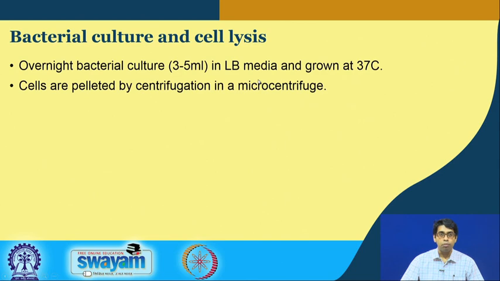In case of protein expression, we used at least 1000 ml culture. In this case we are using a 5 ml culture, and it is again grown at 37 degrees centigrade. It can be grown overnight, for several hours, 12 or 16 hours throughout the night, and you come back the next morning and do your plasmid purification.